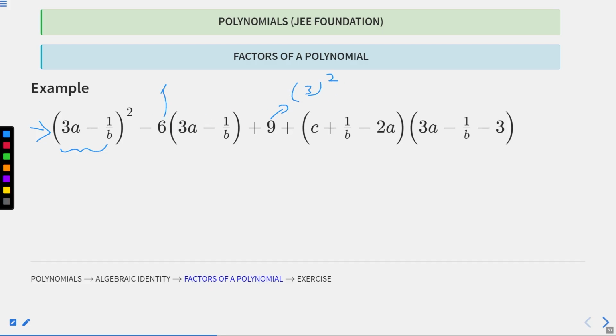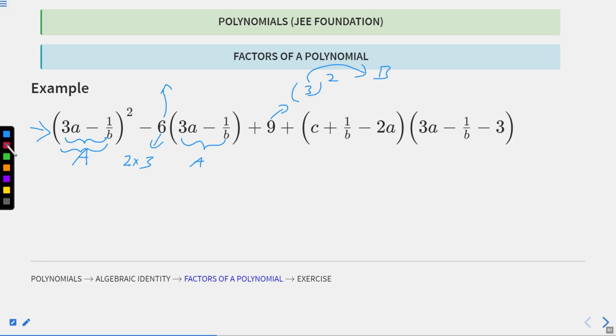Then if I take this as my a, then this is my a, and this can be broken down into 2 times ab, where a is this, and b is 3. So let's take 3 as my b.